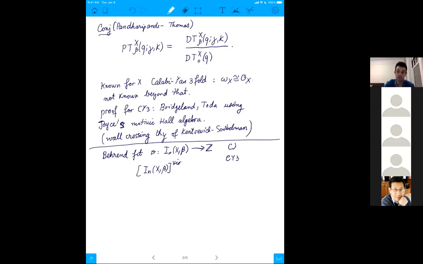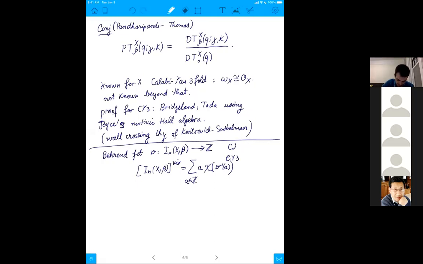So for fixed beta and fixed n, we have only one invariant, the virtual fundamental class. And this can be written as a sum over all integers a of a times the Euler characteristic of the locus where the Behrend function is a.